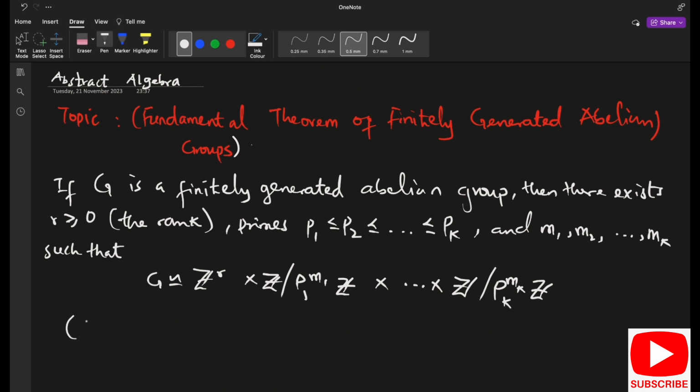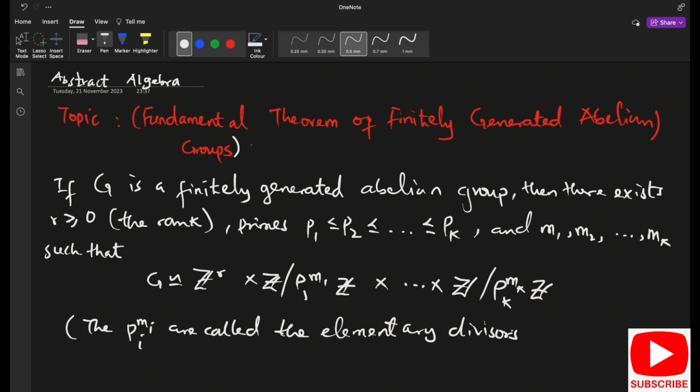The pi^mi are called the elementary divisors.